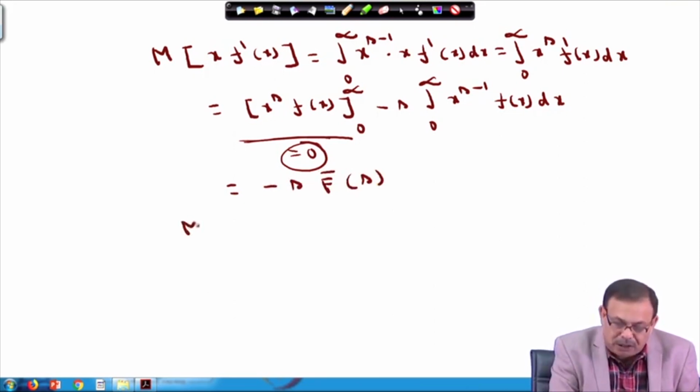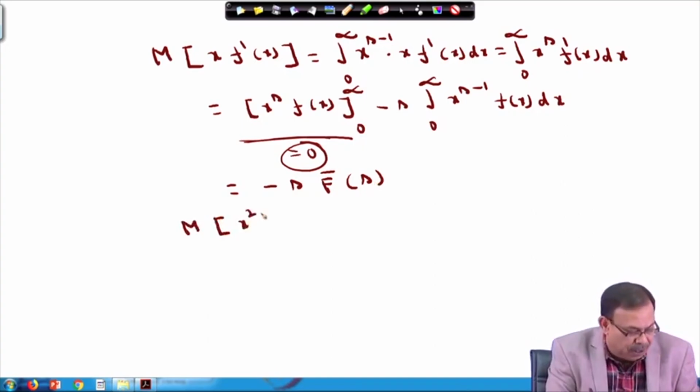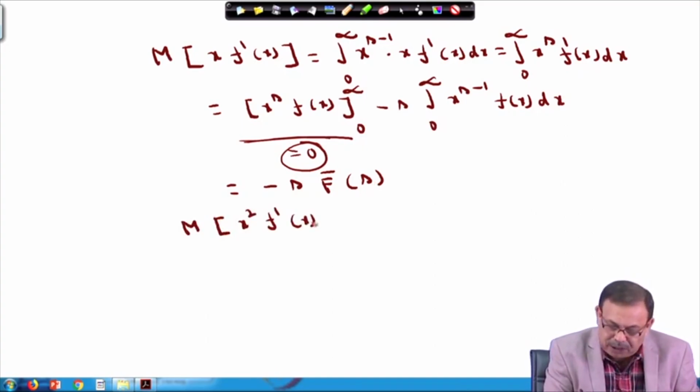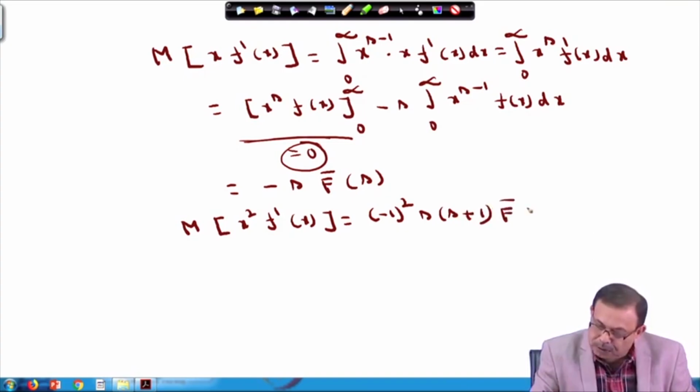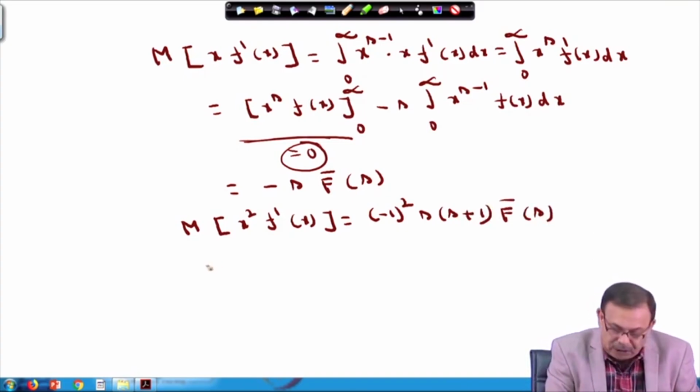Similarly, I can write the Mellin transform of x square f dash x equals minus 1 whole square s into (s plus 1) into f bar s; I can prove this.